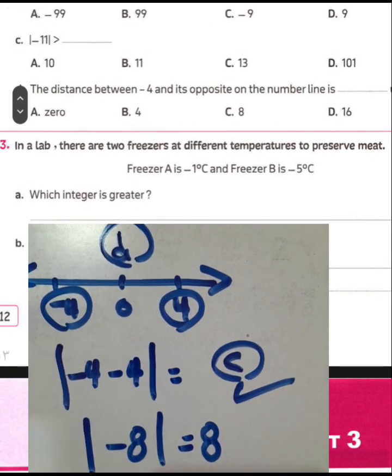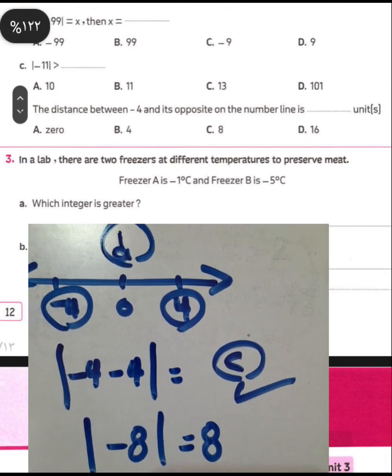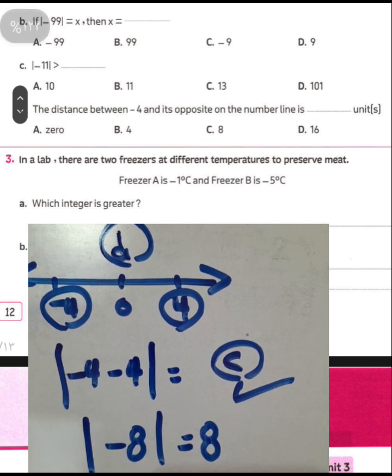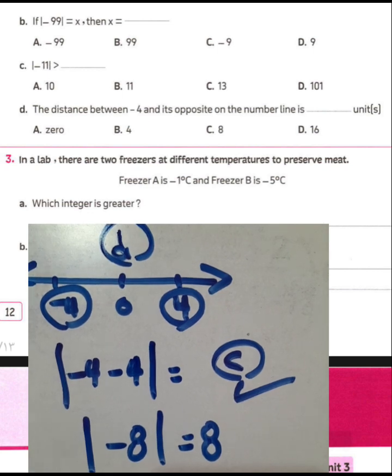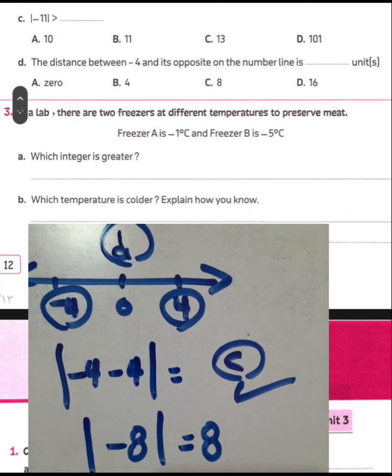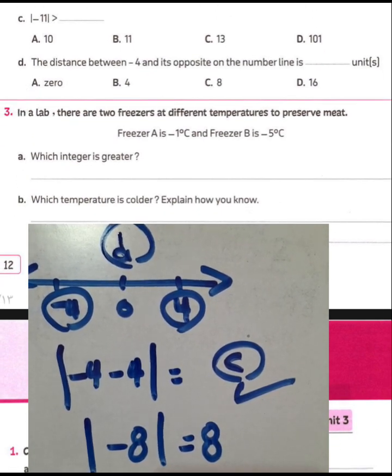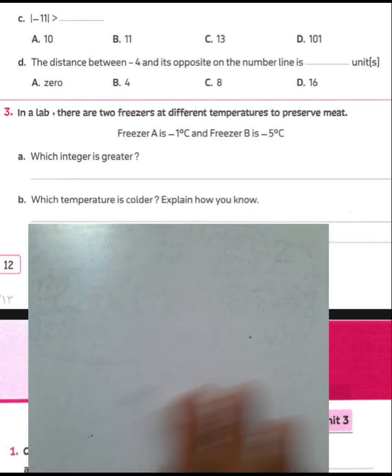In a lab, there are two freezers at different temperatures to preserve meat. Freezer A is -1 Celsius and freezer B is -5 Celsius. What is greater? You want to compare -1 Celsius and -5 Celsius.